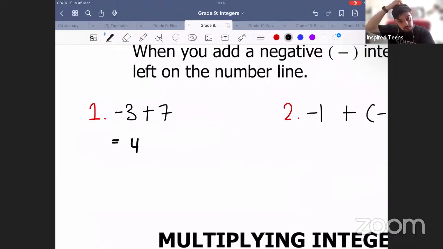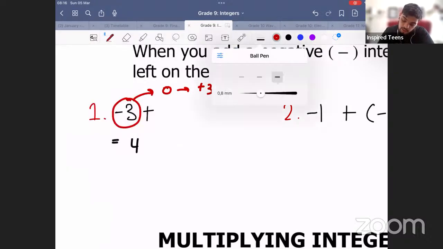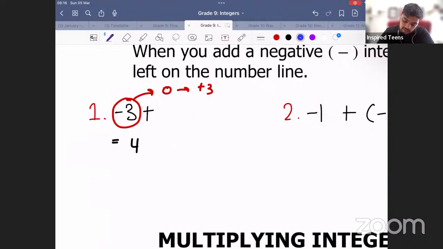Alternatively, if you're doing it in your head, how you could look at it is you can say from -3 to 0 is +3. So out of the 7, we've already added 3. So the way you can look at it is like you're saying -3 plus 3 plus 4.